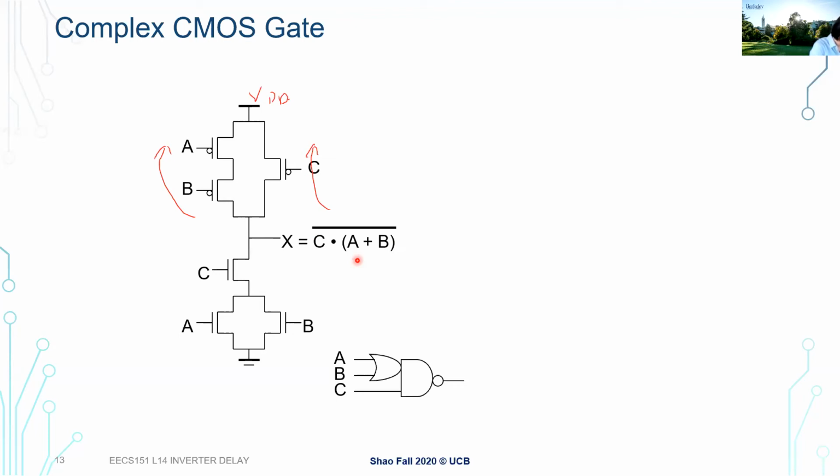So if this part is true, x is actually 0. So if we design the way we start from NMOS, like the exercise I went through, we always do a bar here. But if you change this, you can also keep applying De Morgan's theorem. You could also get the PMOS version. That could be a different way to do this.